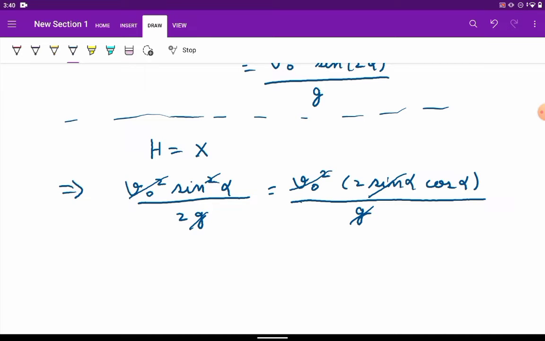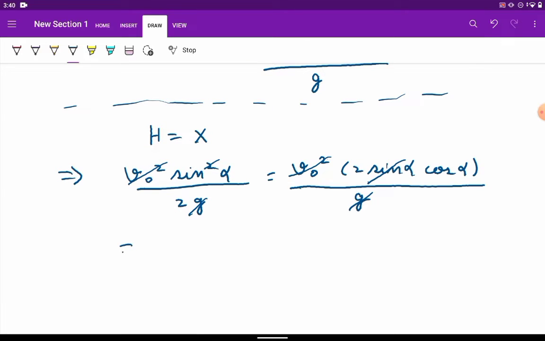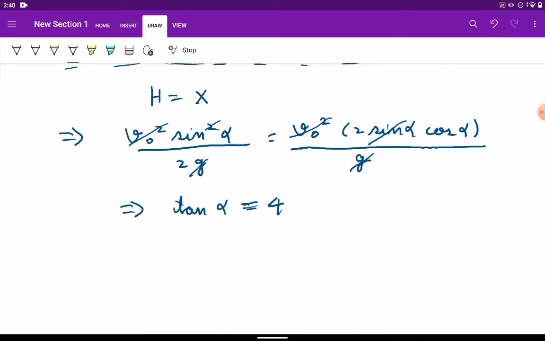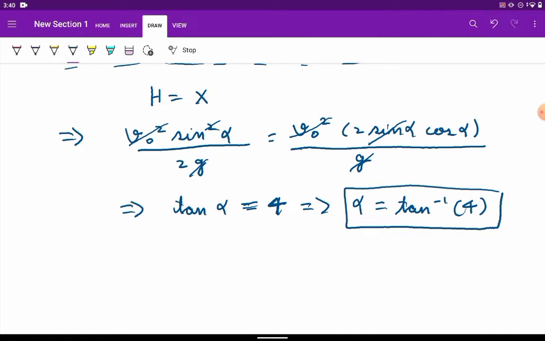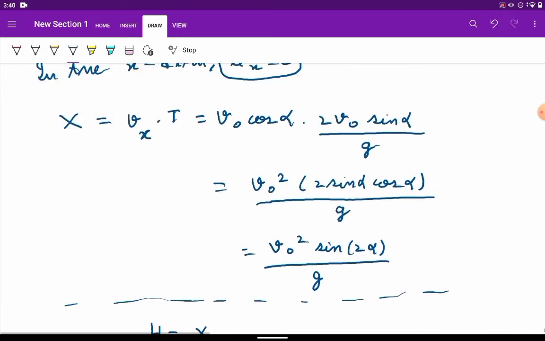So basically this becomes tan alpha is equal to 4. Right? So alpha is basically tan inverse 4. Basically this is the angle at which the horizontal range equals the maximum height of ascent.